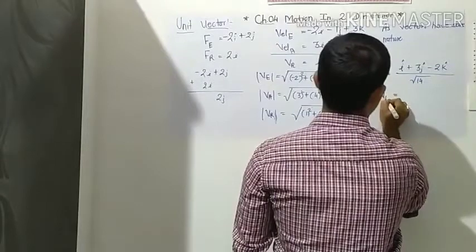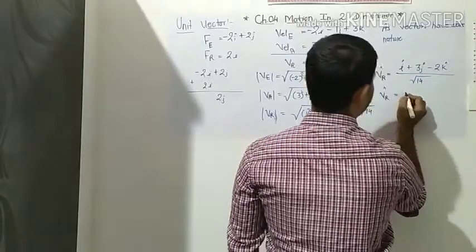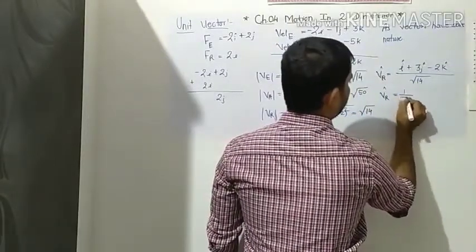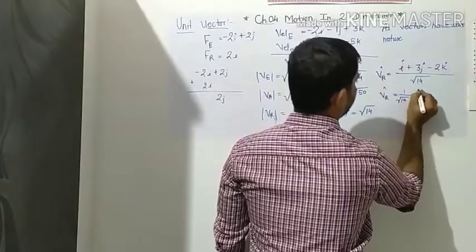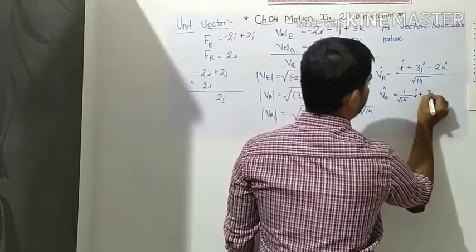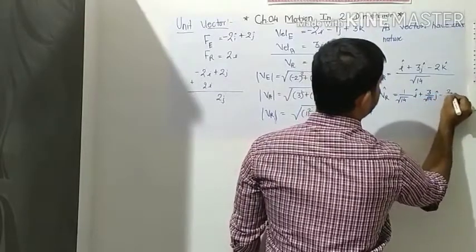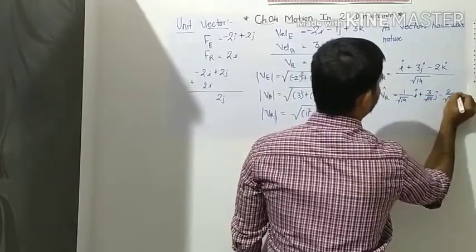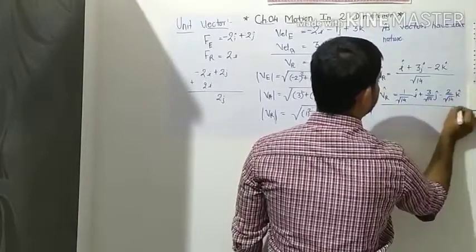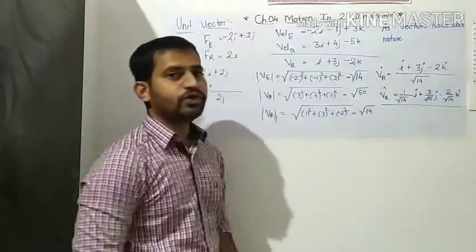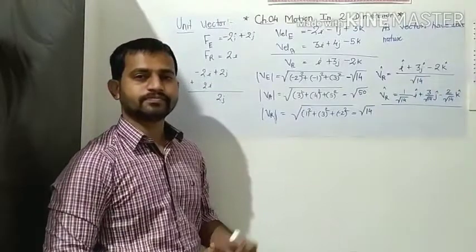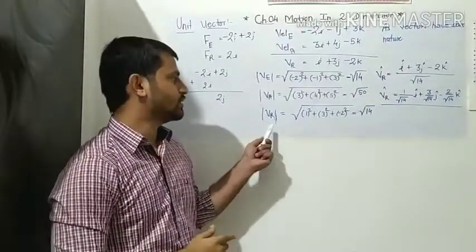So the unit vector of the resultant is given by 1 upon under root of 14 i cap plus 3 by under root of 14 j cap minus 2 by under root of 14 k cap. This is the value of the unit vector along that particular resultant vector.